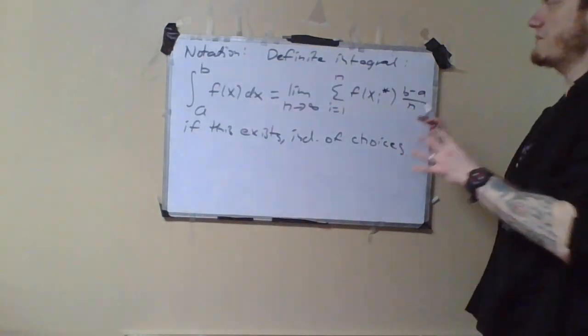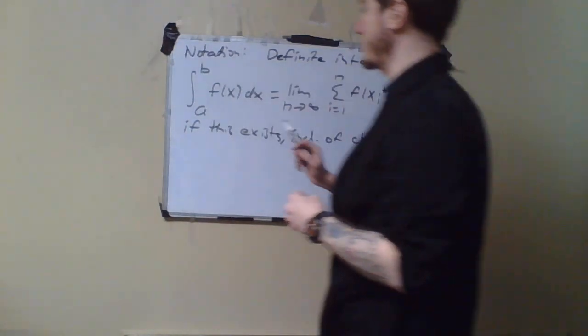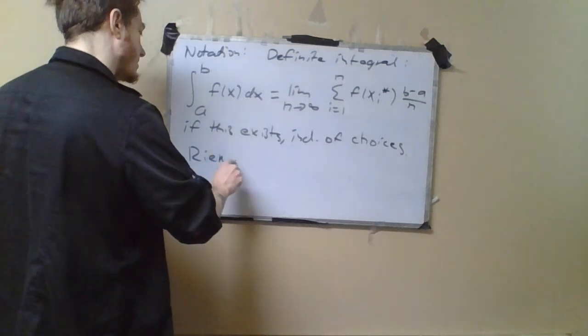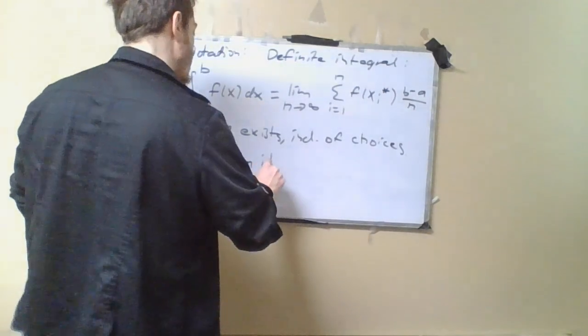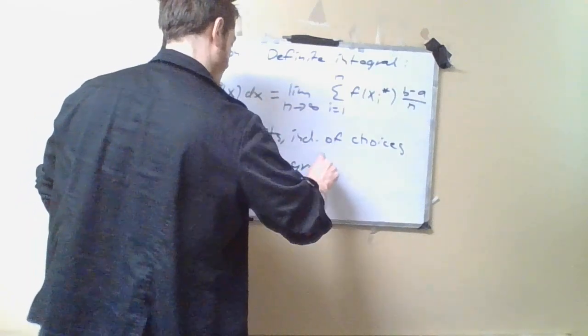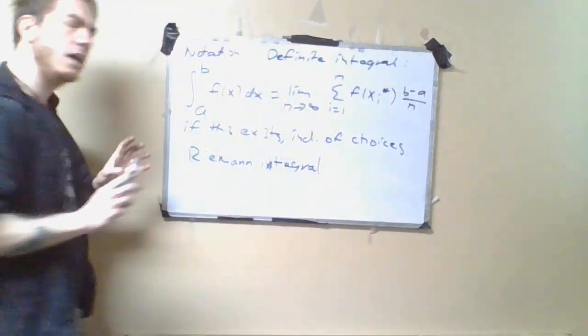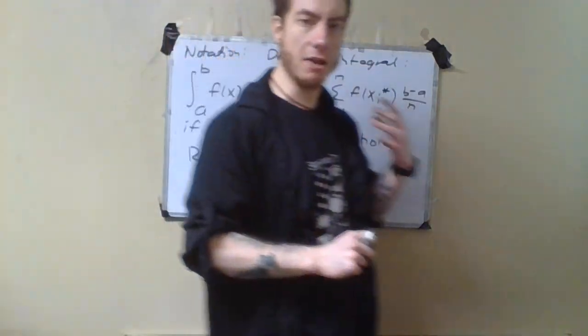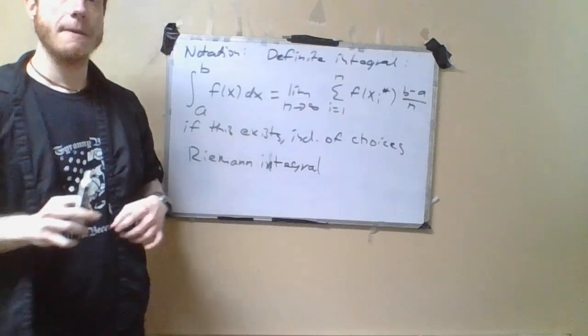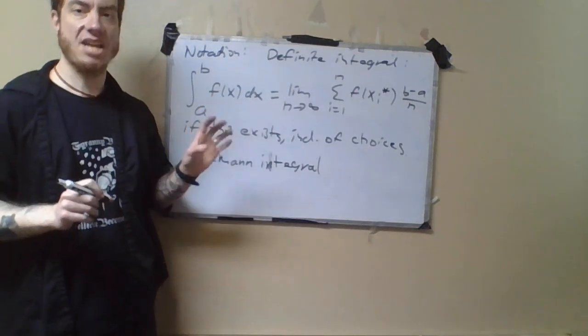Now, this is the definition of the definite integral in terms of Riemann sums, and for this reason, it is also sometimes known as the Riemann integral. I mentioned last time, but I'll just remind you that there are other ways of defining integrals that are rigorous and technically correct.